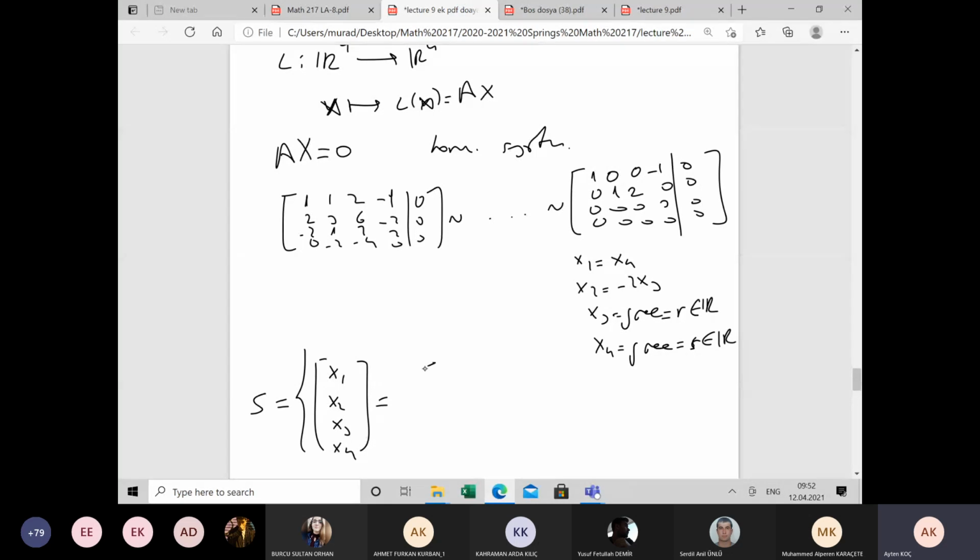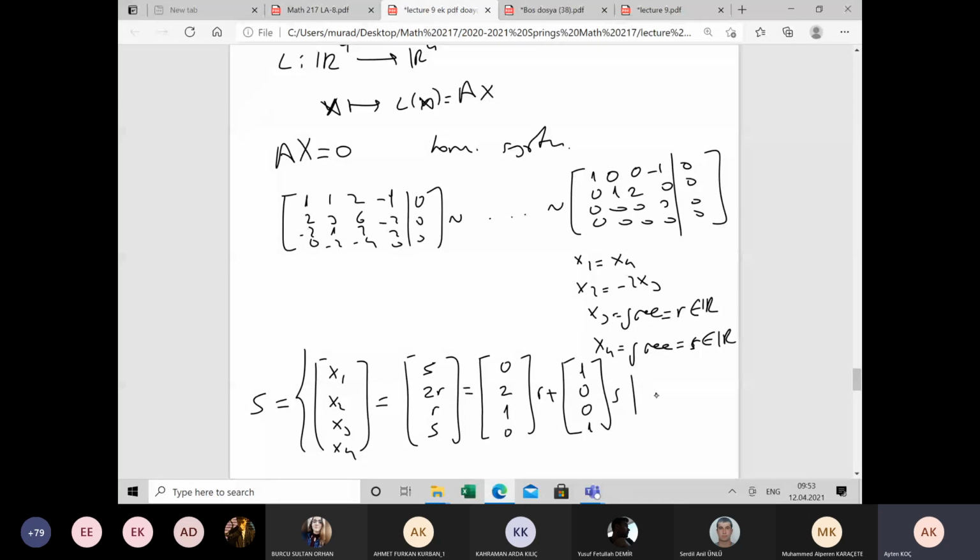And rewrite this one. It is important to see that, and the basis for this space is: the coefficient of r, 0, 2, 1, 0, plus the coefficient of s, 1, 0, 0, 1, such that r and s are real numbers.